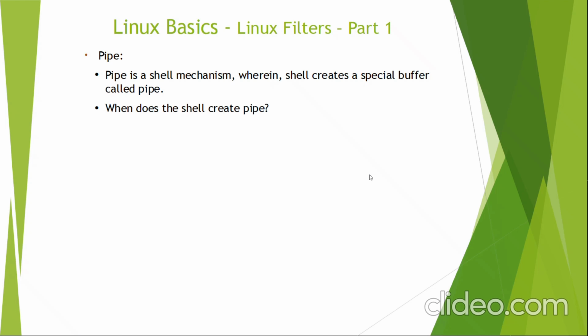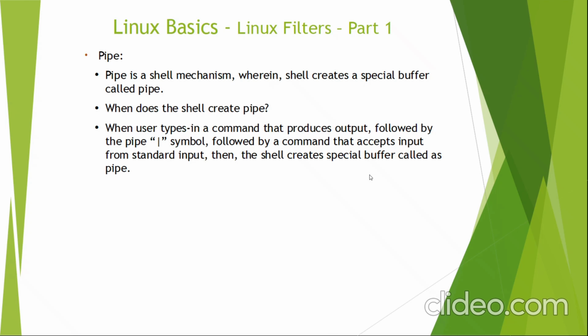So when does the shell create a pipe? When the user types in a command that produces an output, like the ls command or find command, followed by the pipe symbol, there is a symbol called the pipe symbol on your keyboard, followed by a command that accepts input from standard input. On the right hand side of the pipe symbol, you specify a command that would read the input from the keyboard.